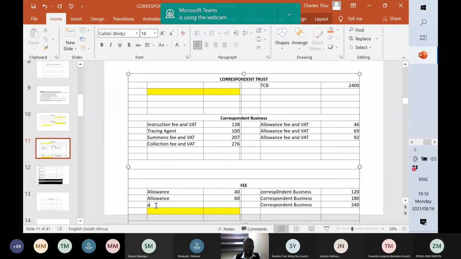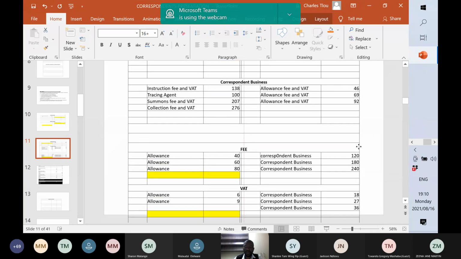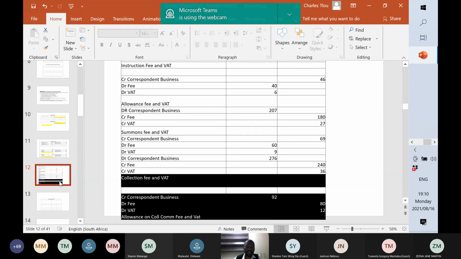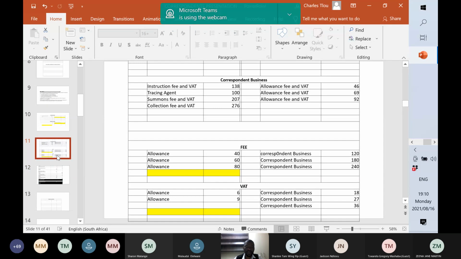You come here, allowance, and therefore, that is 80 Rands. And then you come back here on the VAT, and it says here, debit your VAT at 12 Rands. And then you come here, this is your VAT, you debit here, 12 Rands.